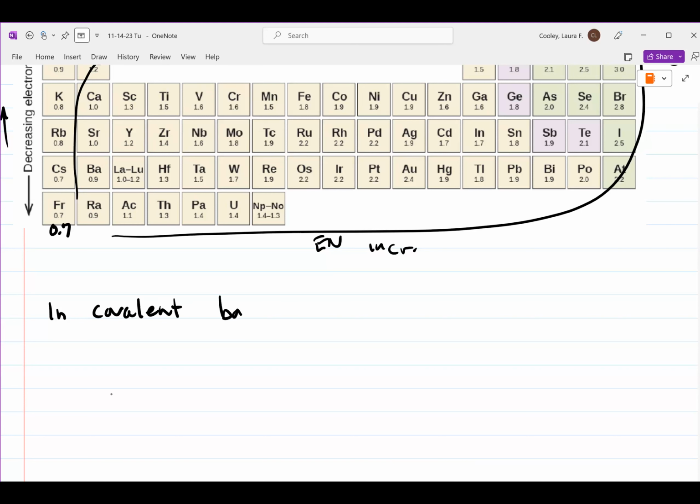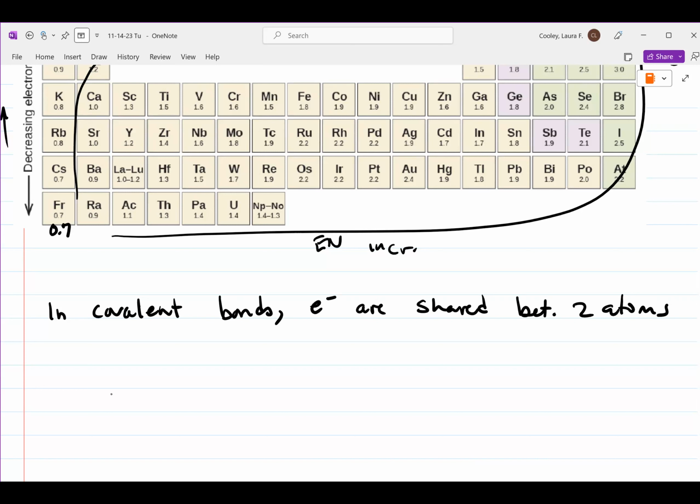In covalent bonds, electrons are shared between two atoms. Okay, and it's the electronegativity values for each atom that tells us if the sharing is relatively equal, or if one atom is sort of pulling more of the electron density towards itself.